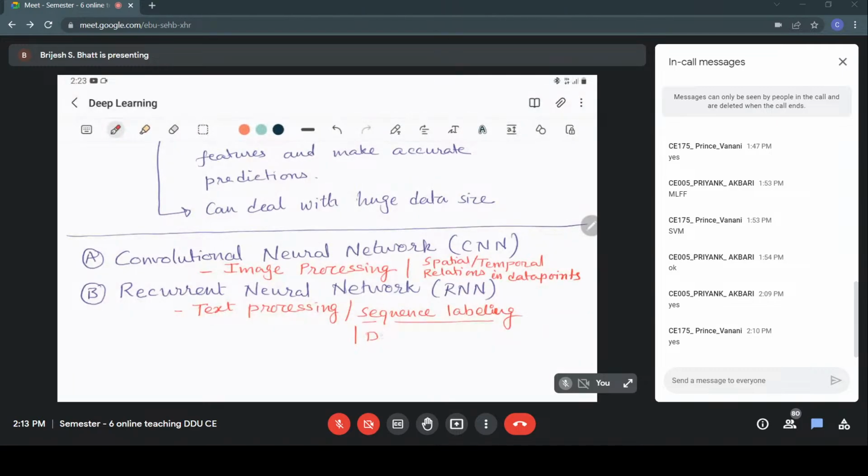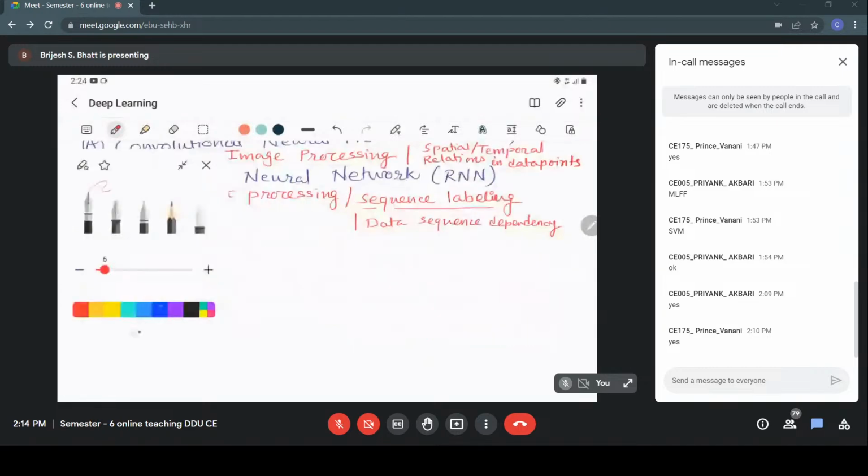So it can process data in sequence, with data sequence dependency, plus dependency between the sequence of the data. So both can.